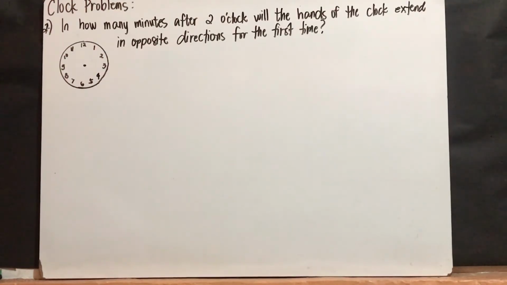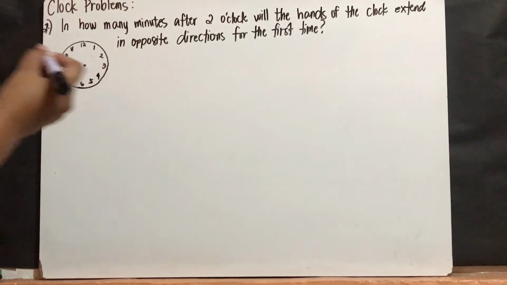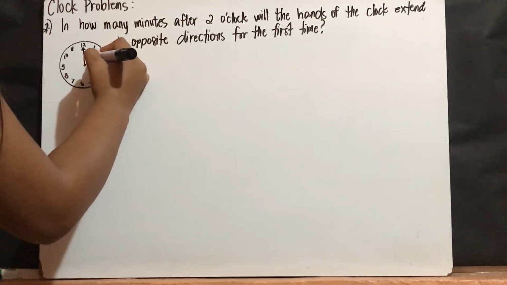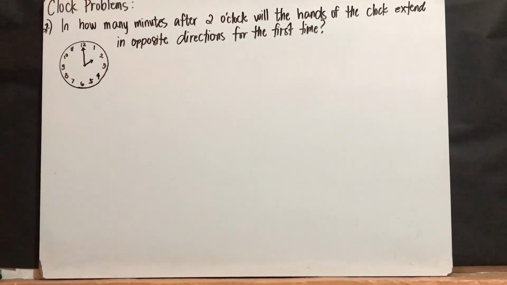Okay, so let's proceed to example number 2. In how many minutes after 2 o'clock will the hands of the clock extend in opposite directions for the first time? So now, yung initial time naman natin is 2 o'clock. So, yan. That is 2 o'clock. So, sabi dito, hands of the clock extend in opposite direction.